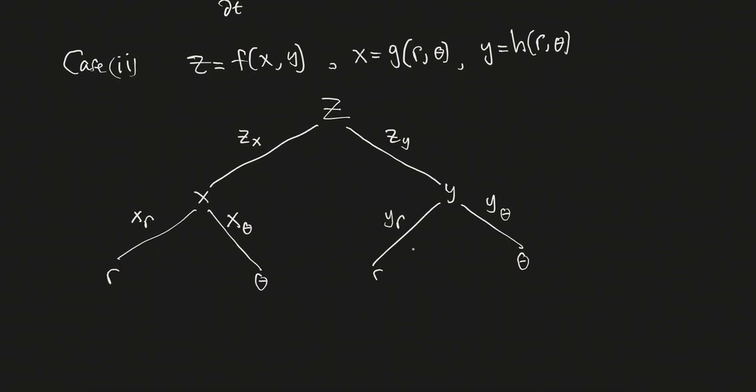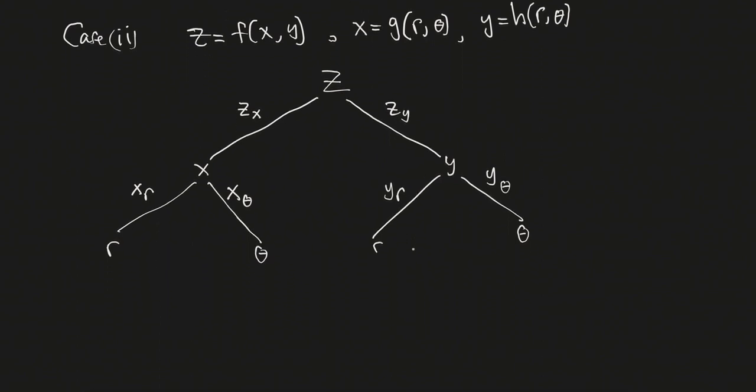So now if I wanted to write down a single expression that would represent z sub r, what I would do in this tree is find all the paths that start with a z and end with an r, and I will highlight those in blue. So we'll go along here, obviously, and then along here. That's how, almost working backwards, r can affect z.